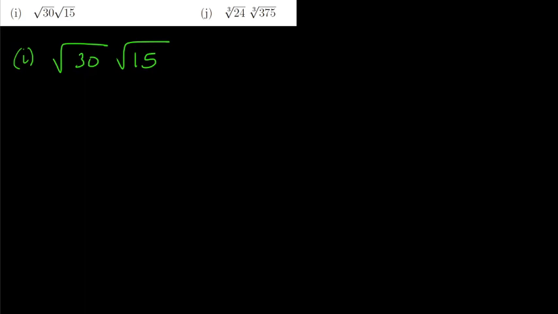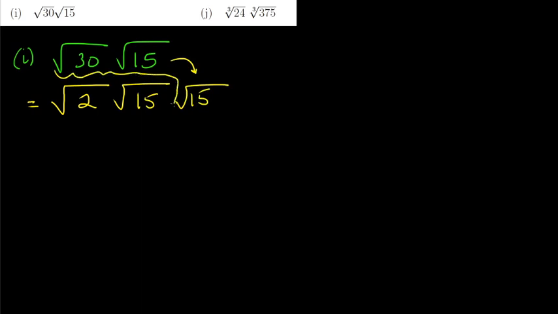Right, letter I, we have the square root of 30 times the square root of 15. Right, so there's an easy way to do this and then there's a hard way. The easy way is to split up the square root of 30, right? We know 30 is 2 times 15. But notice we have this square root of 15 as well here, right? So this square root of 30 is just these 2 terms here.